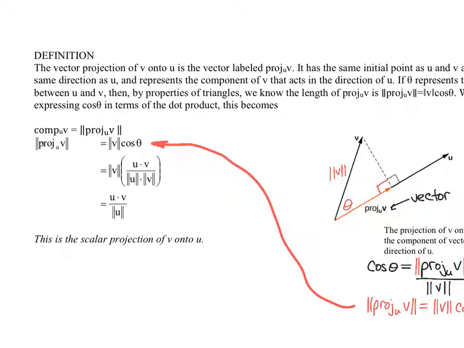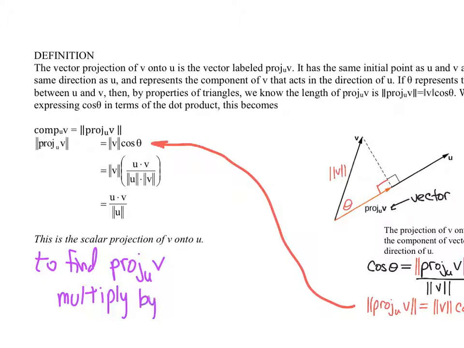So the projection of V upon U, defined, the actual vector projection of V upon U, multiply by a unit vector in the direction of U.